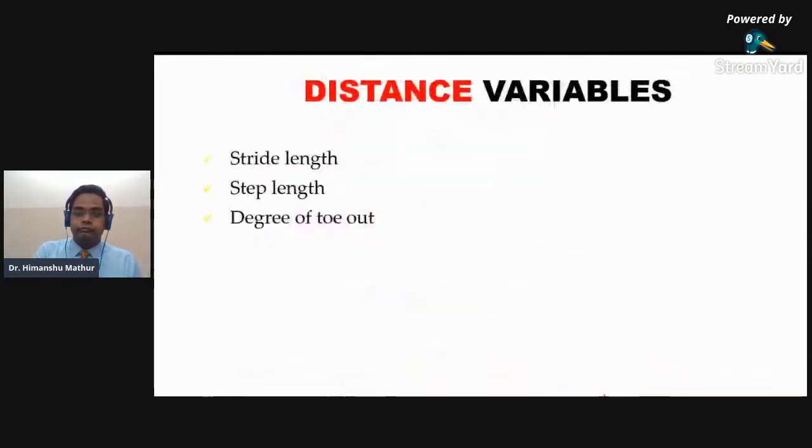Okay. So next comes the distance variable or the spatial variable, where I consider the distances, that how much distance I am able to cover in a particular given time, or these are just the distances covered in one gait cycle. Okay. So first one is the stride length.